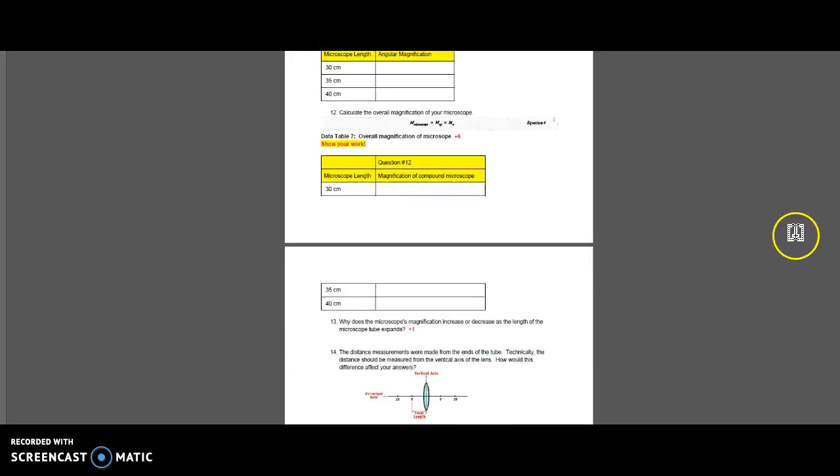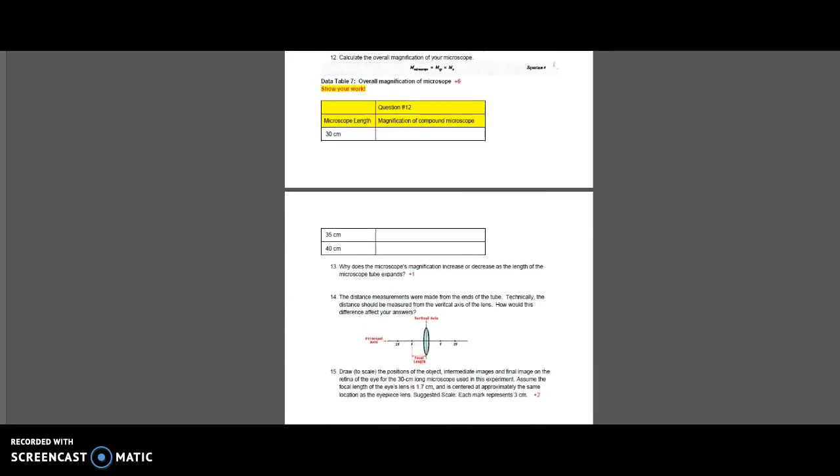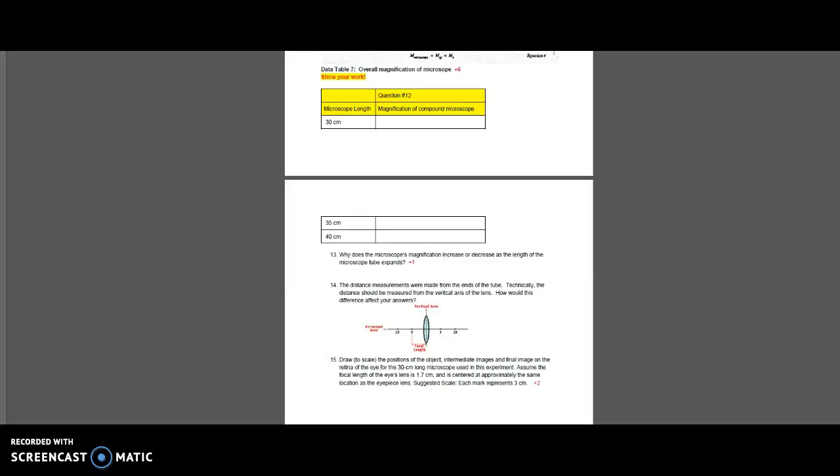And then finally in table 7 for question 12, you would put the final answer of 6.5 times in the first box. You would then repeat the same calculations for the 35 and the 40 centimeter length microscope. And you would have all of those questions completed.